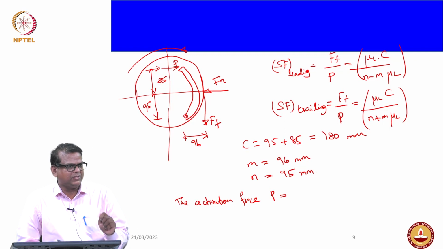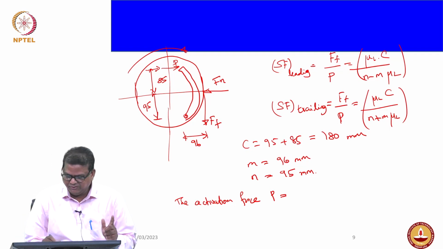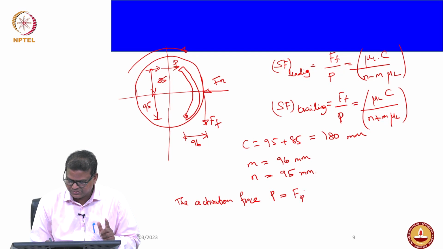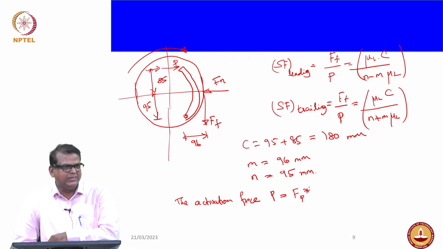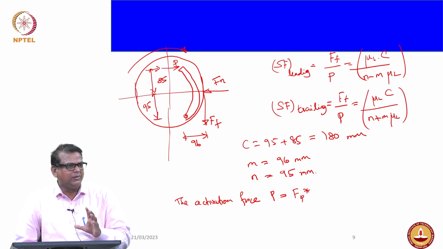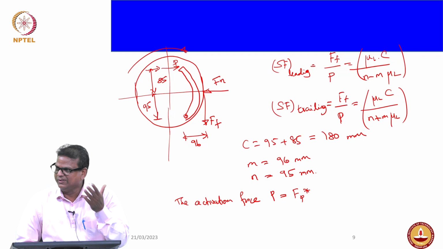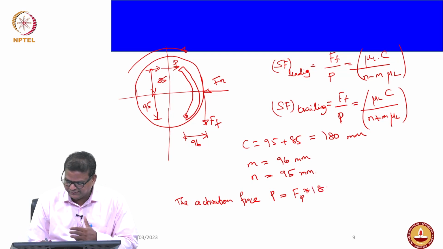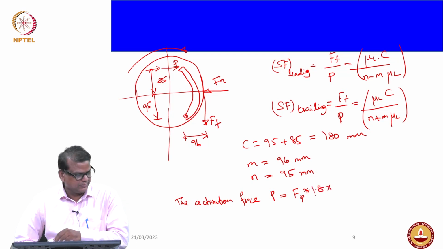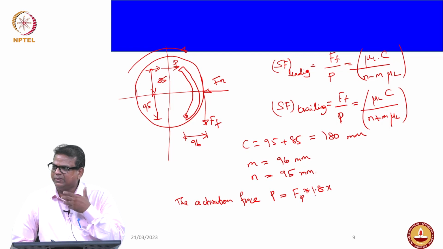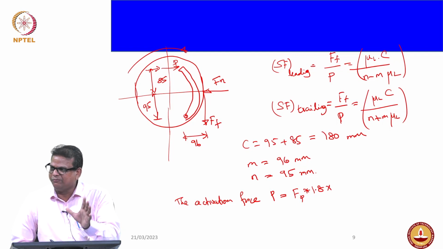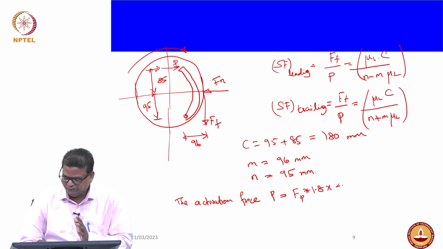First you have a pedal force Fp. From the pedal force, the lever magnifies it 1.8 times. Then after that, your vacuum booster, it's 4.86, fine.